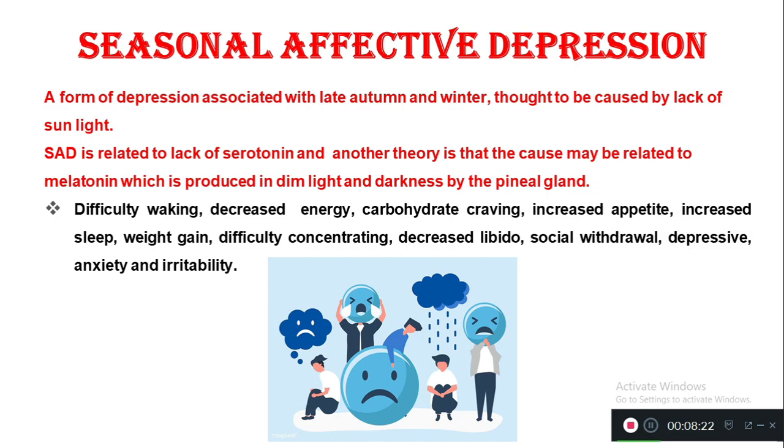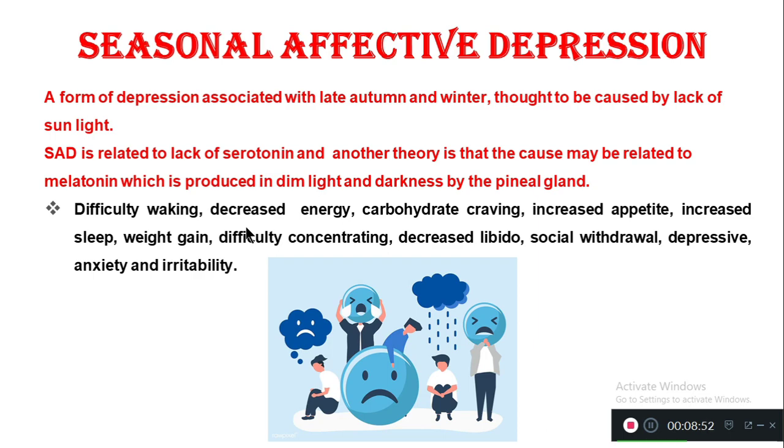Melatonin and serotonin production is affected because of the dim light and darkness of winter time. The pineal gland does not produce hormones like melatonin. That is the cause for seasonal affective disorder, and the symptoms are characterized by difficulty in waking up in the morning, and decreased energy in the body.